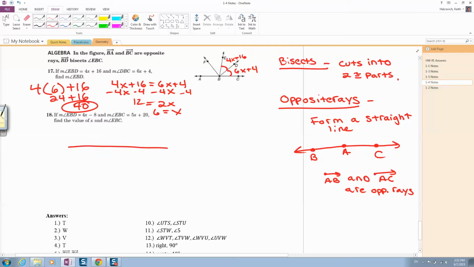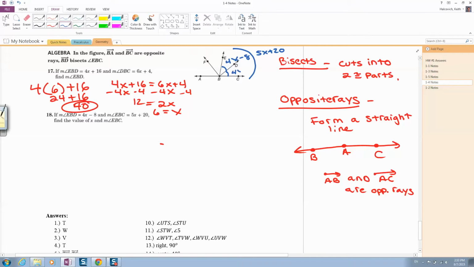So this one here, actually let's just use the picture up above. So we'll erase this. So once again, these two are the same, but it tells you EBD is 4x minus 8, and EBC, the whole thing, is 5x plus 20.